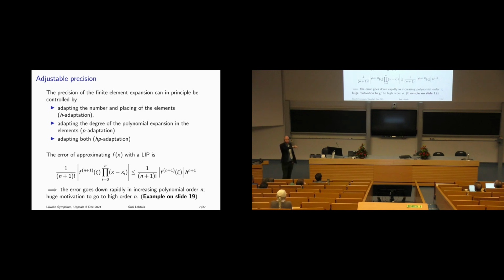So this is like how much curvature your function has. And then this is my discretization length. And you see that this is very nonlinear. In 12 slides, I will have a demonstration which really shows that you should go to very high order, because that's basically a free lunch.